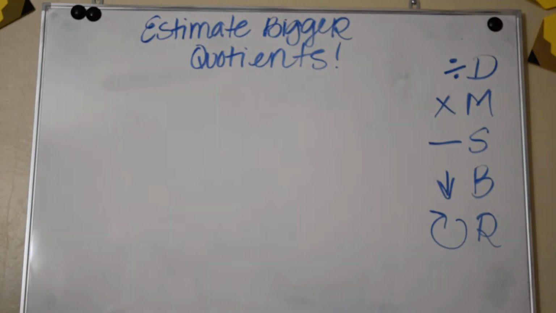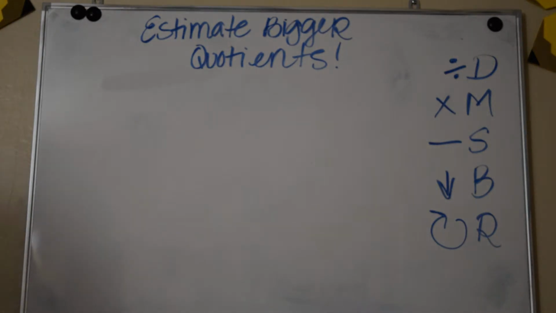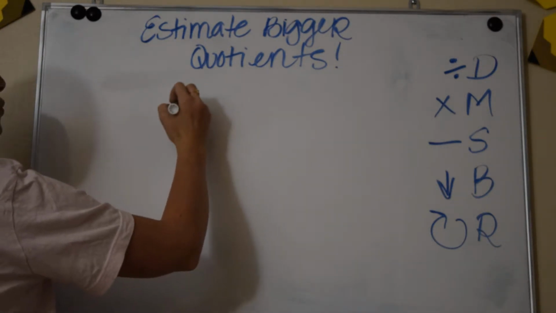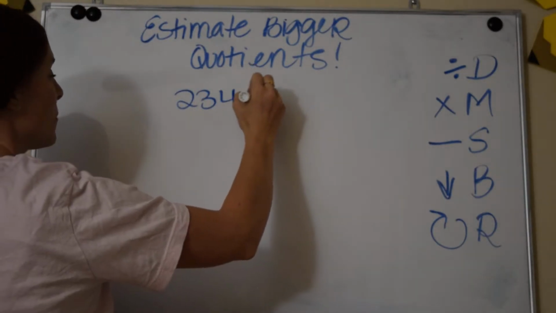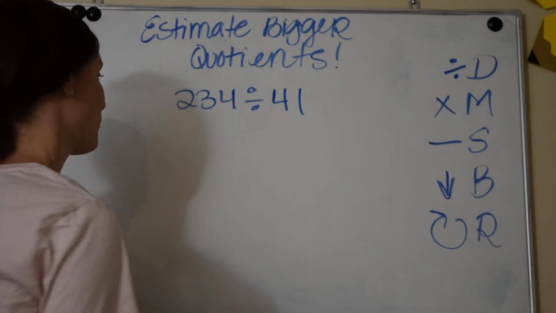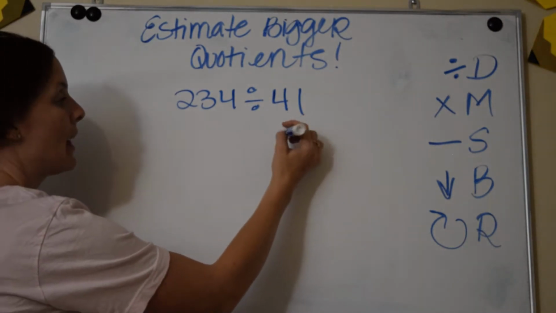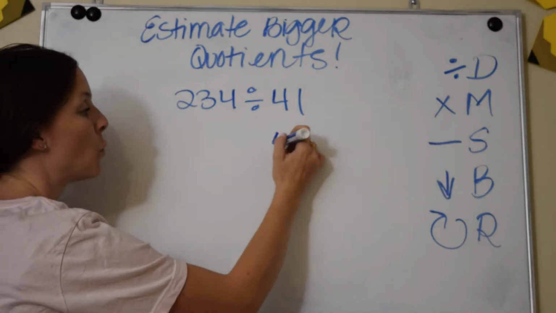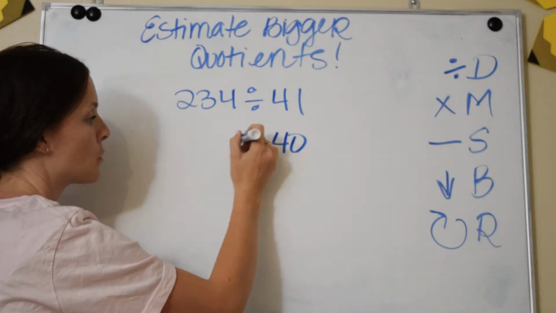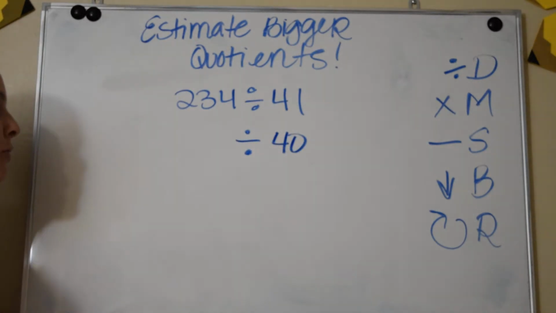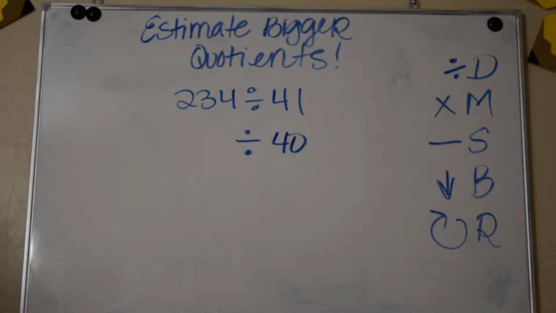What if I have 234 divided by 41? Okay, so I want to round both of them. Let's go ahead and change this 41 to a 40 because we like to work with numbers, powers of 10. And then I have 234.